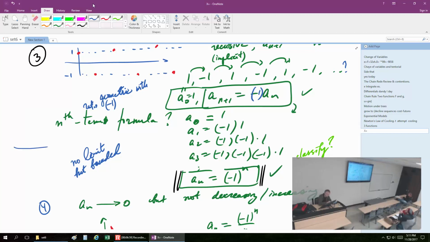So it oscillates, but with a bigger and bigger swing. That one is really divergent. Just like a geometric sequence with a ratio of 2, which grows exponentially on the top, it also goes down exponentially as well.